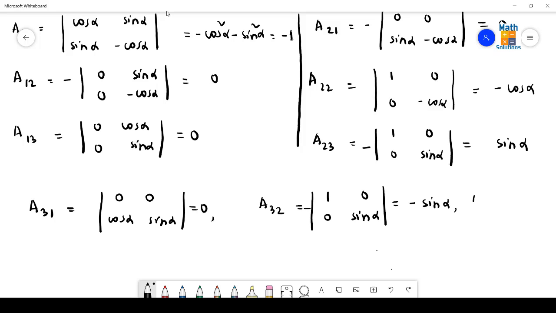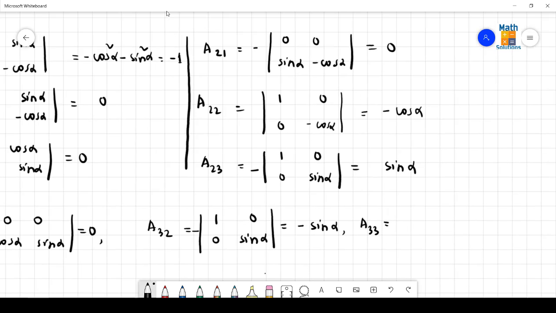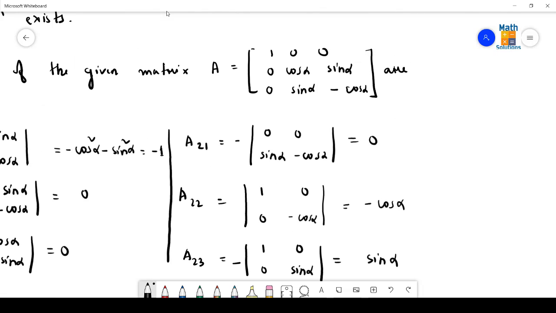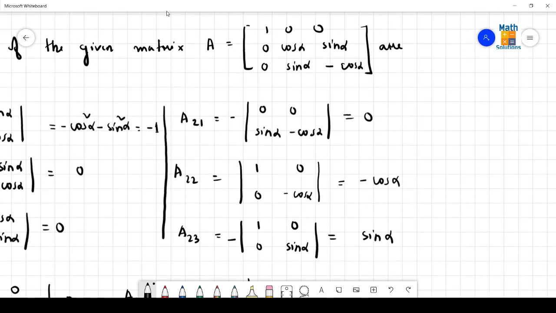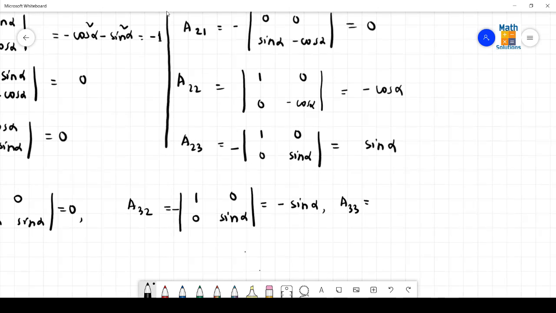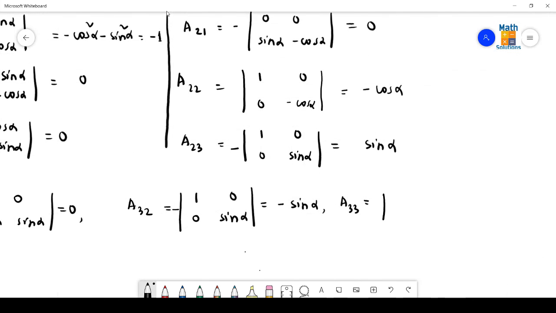Then we get A33 with elements 1, 0, 0, cos alpha, and our result will be only cos alpha.